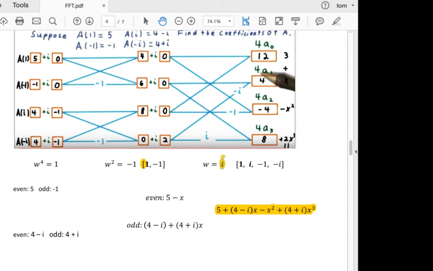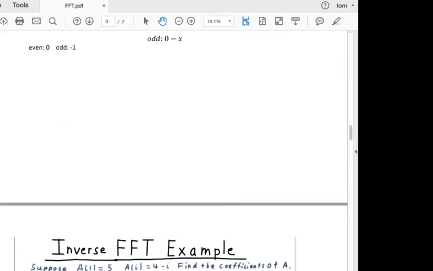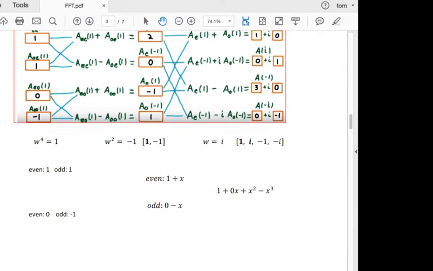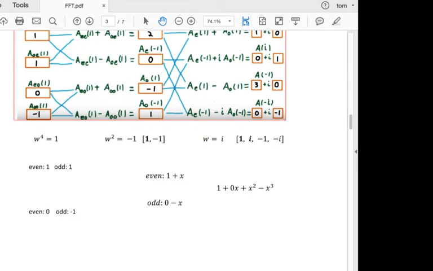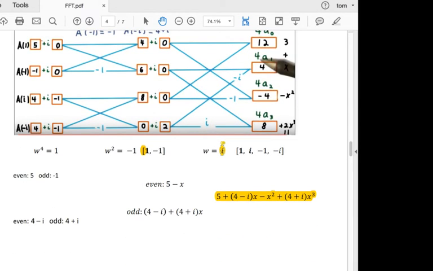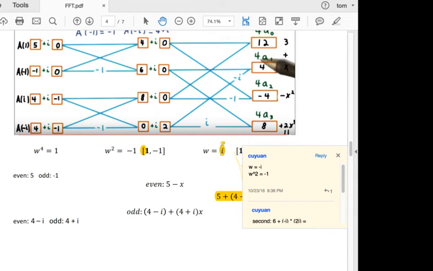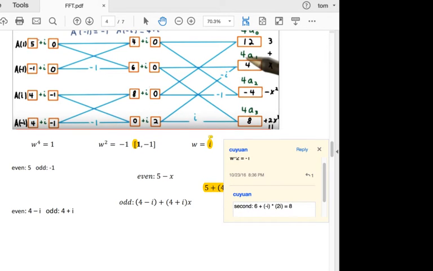Oh, I think there is a problem here. Why, it turns out it should be 8, right? Omega 1 equals i.